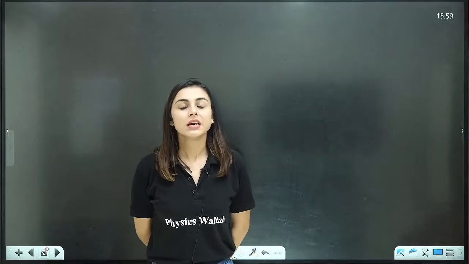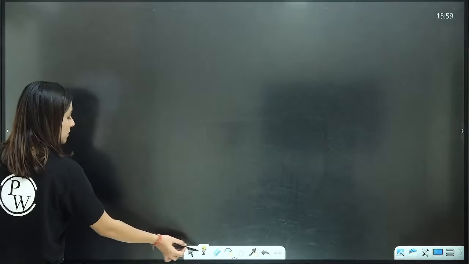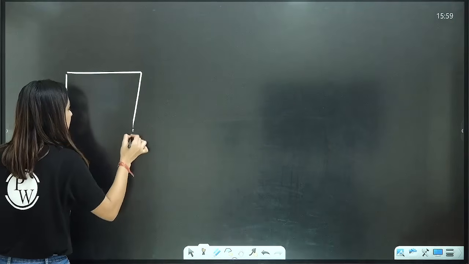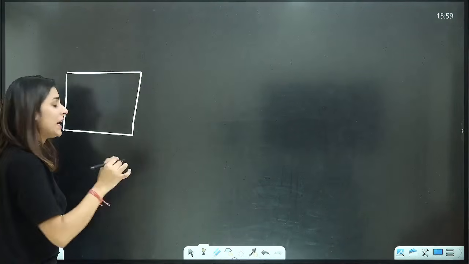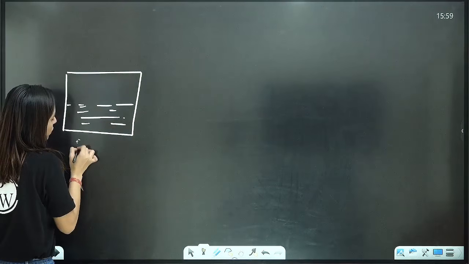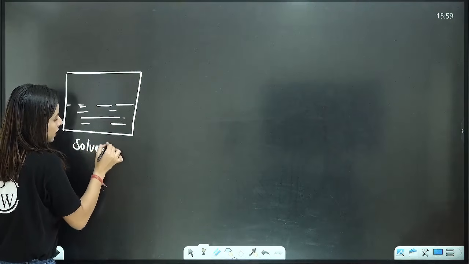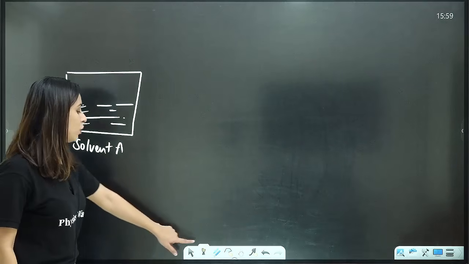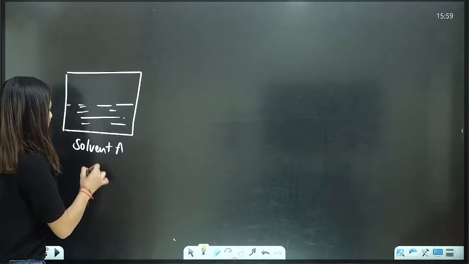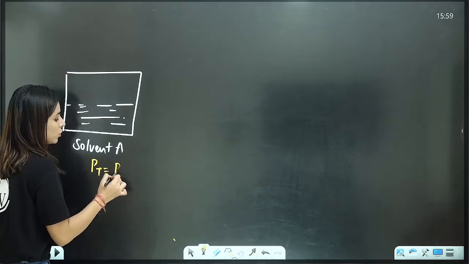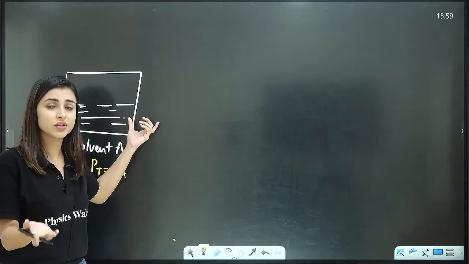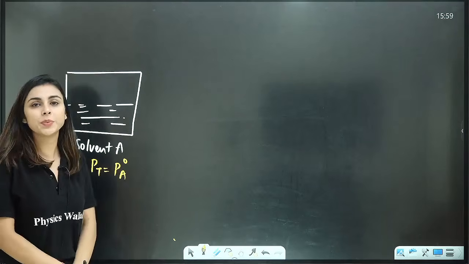What happens? Now, just understand this, my dear students, that initially you had one container, okay, and you had only and only solvent A. If you had only and only solvent A, then total pressure would be equal to PA naught, because it is only the pure A. So vapor pressure would be only because of A, so it would be equal to PA naught.